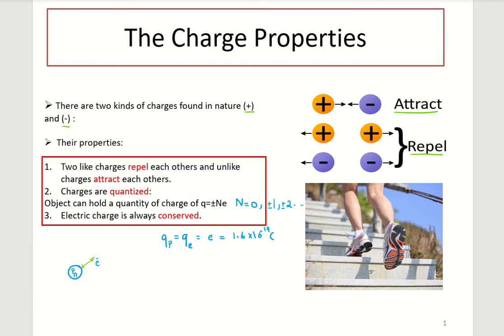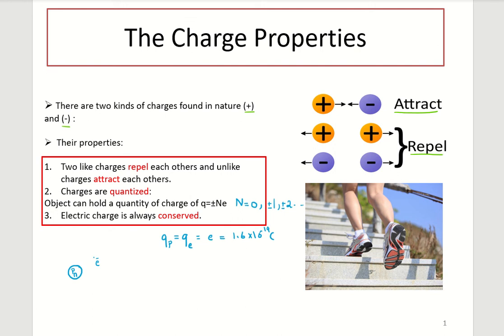So friction can break this force, unlike the force which binds the proton to the nucleus. The proton is bound to the nucleus by a strong force, and we will be discussing this later in another topic. So that's why the electron is the particle involved in the charging.